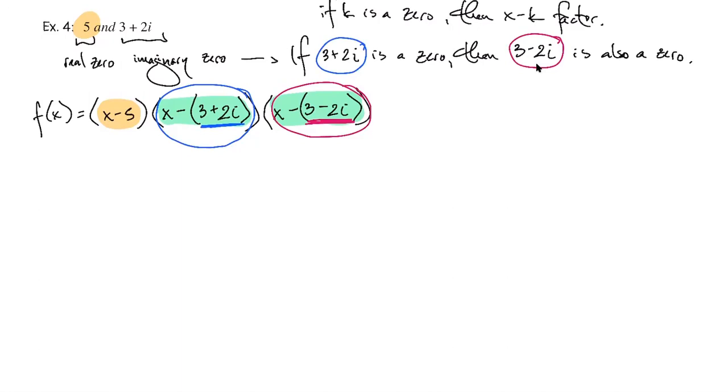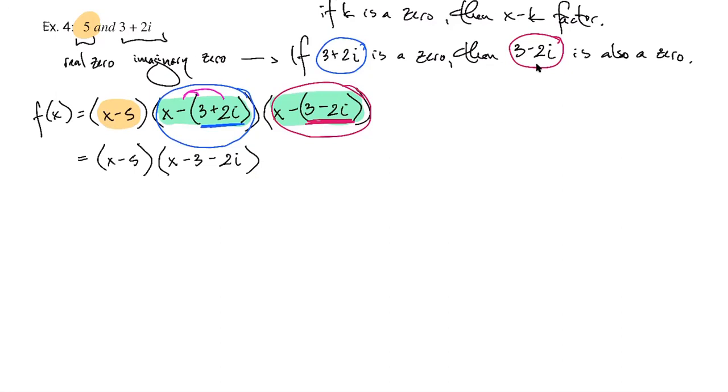So before we multiply out, let's clean this up a little bit. I'm going to keep this as x minus 5. The thing in the blue circle, I'm going to distribute this minus sign and get rid of those parentheses. When I do that, I'm going to get x minus 3 minus 2i. All I did was distribute the minus sign, okay?